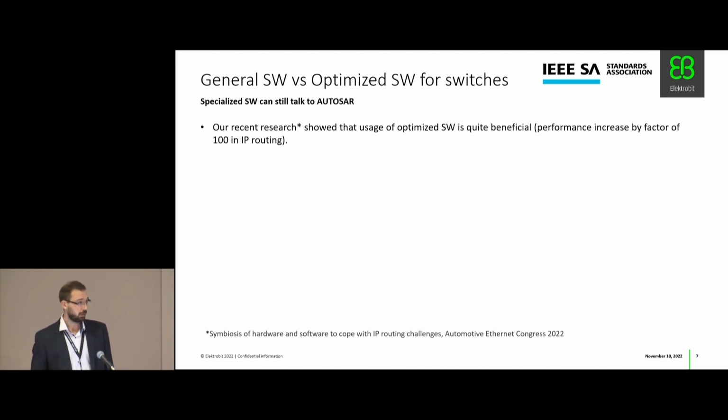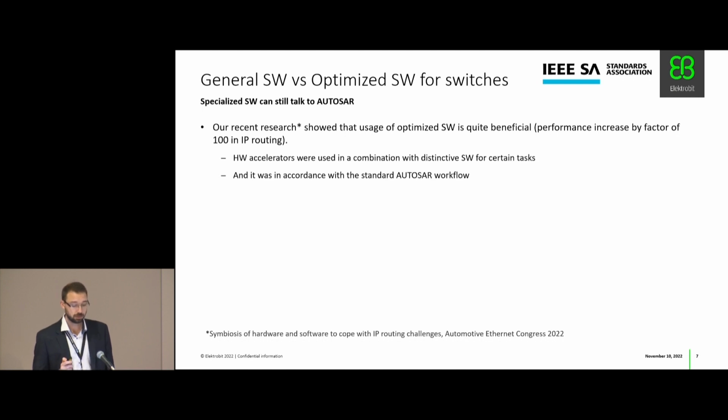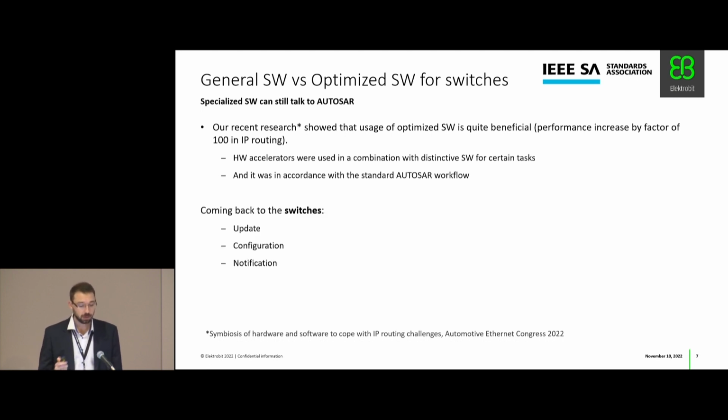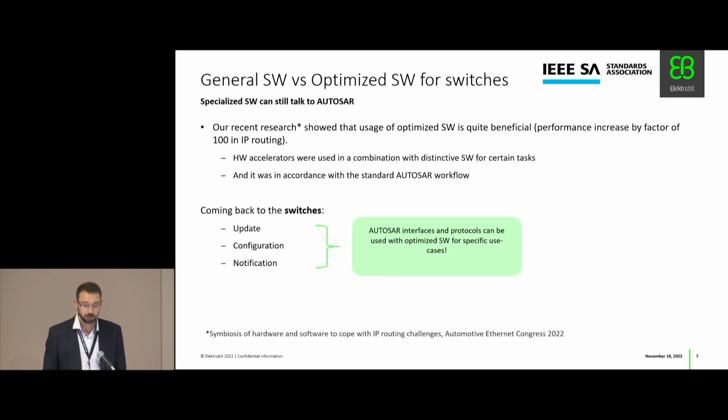What we did with Renesas, we used their hardware accelerators, we used special software for those hardware accelerators, and that software was integrated into the AUTOSAR environment, configured with the AUTOSAR configuration tools we used at Elektrobit. Coming back to the switches, update configuration notification, even in the case of special optimized software which supports the AUTOSAR protocols, it still can be achieved.